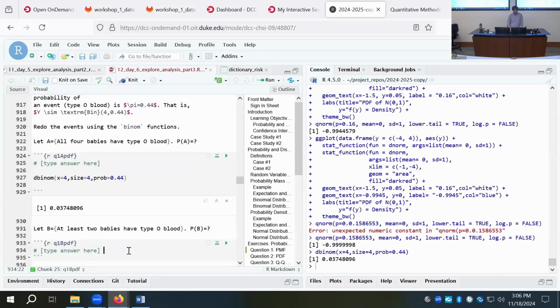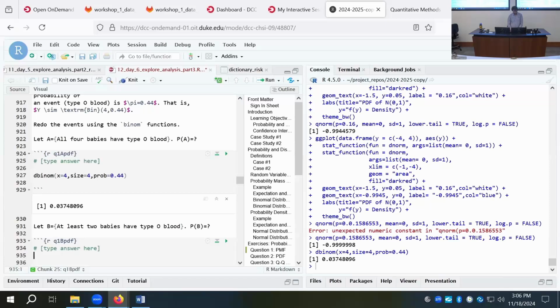So what we could do here is pbinom, q equals 1, size equals 2, lower.tail is true. Sorry, size equals 4.